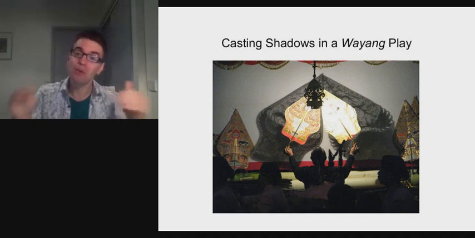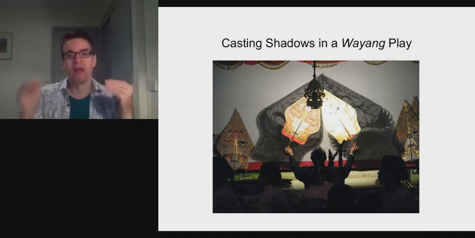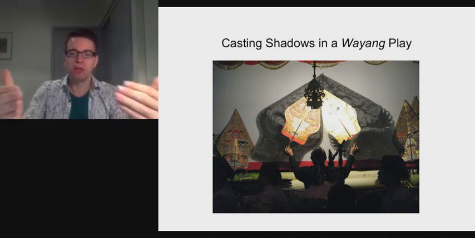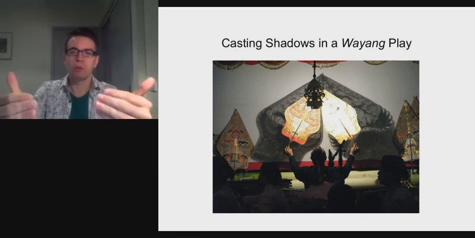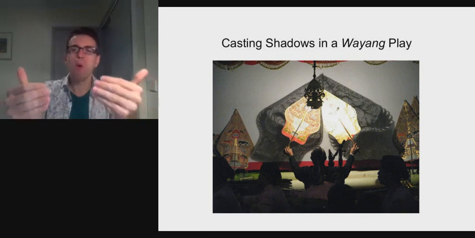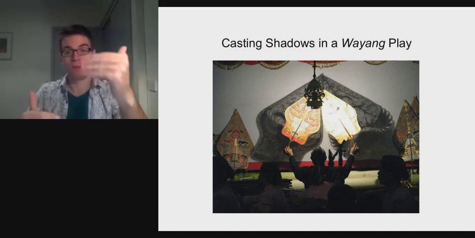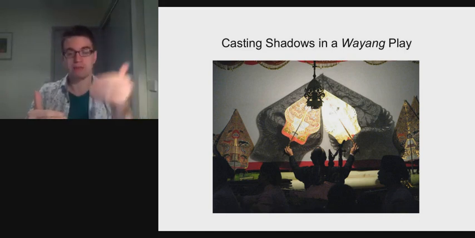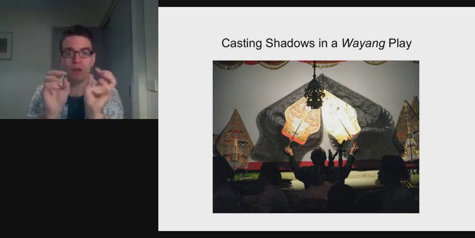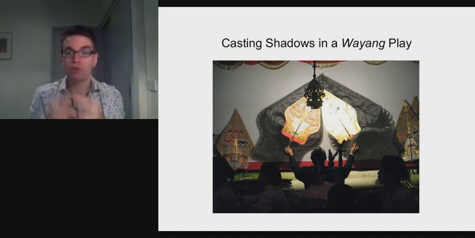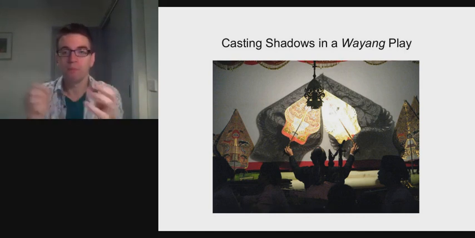But in order to cast shadows, the closer that you position one of the wayang kulit shadows towards the screen, the more from the other side, from the screen side, we can see the detail that's chiseled into these buffalo skin puppets.